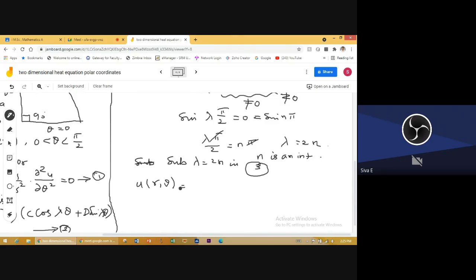u of r comma theta equal to (A r power 2n plus B r power minus 2n) into D sin 2n theta. So what is the condition here?